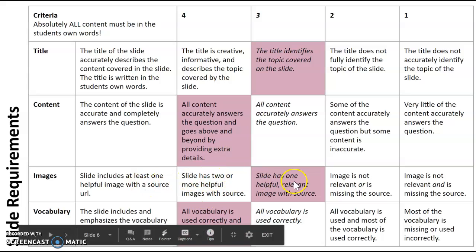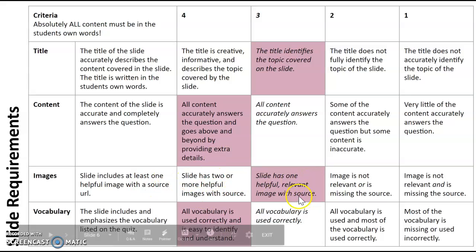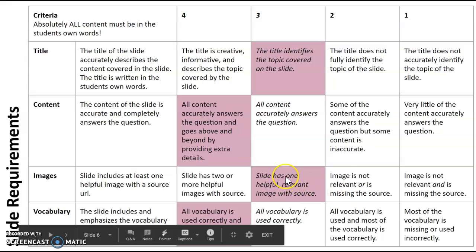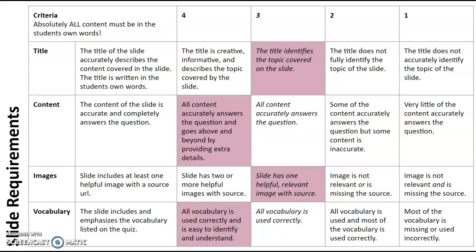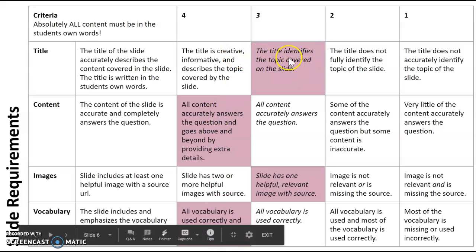For the images, I only used one image, and happily I gave the source, so I got 3 out of 4 on that. And then all my vocab is used correctly, and it's pretty easy to understand. So in this case, I came up with a 14 out of 16. That's pretty good.